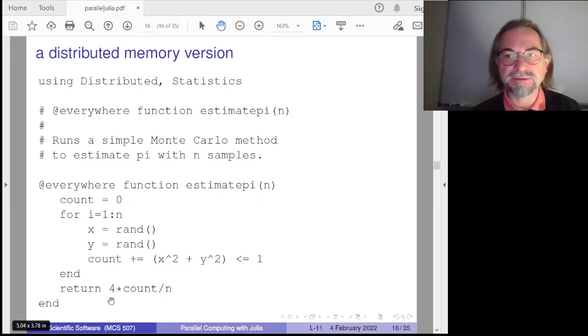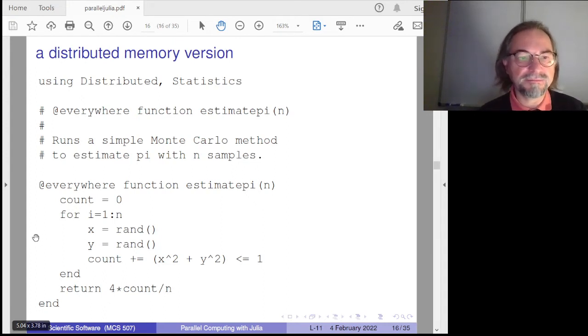Next week I will say something about message passing. Certainly, if you do this on one single computer, then running this with many different processes is quite simple. You add the decorator, I think I can call it, the directive @everywhere to it.